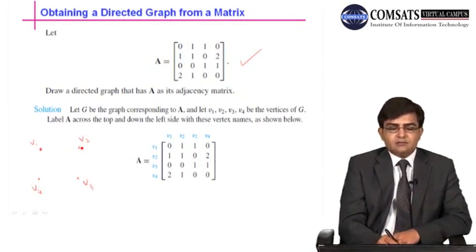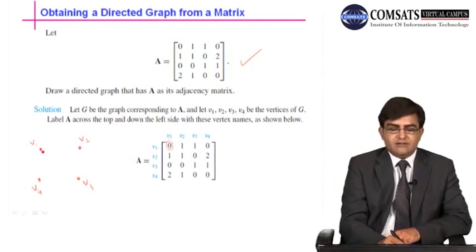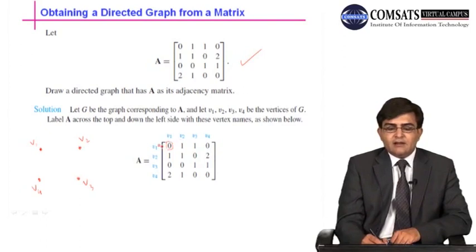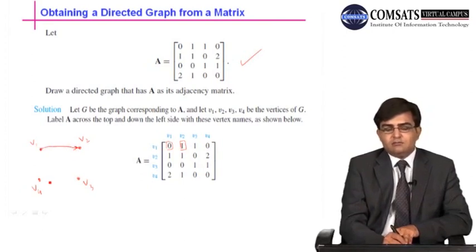Now we check the entries of this matrix. This is 0. It means there is no loop on v1, that is, there is no directed edge from v1 to v1. Then from v1 to v2 there is one arrow. We draw an arrow from v1 to v2, directing this.